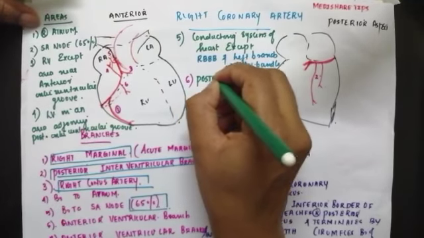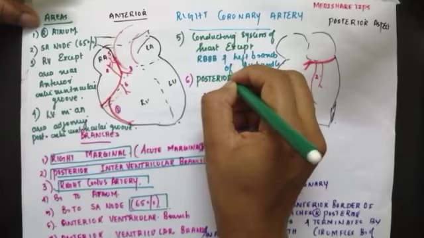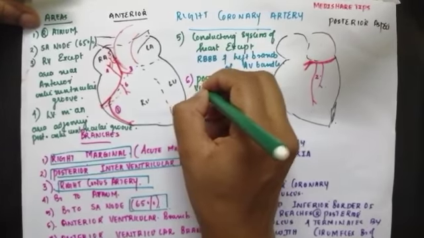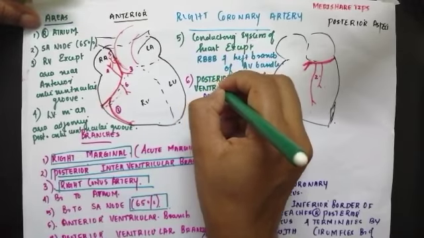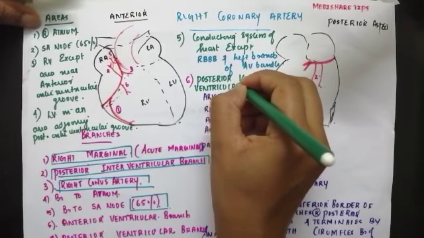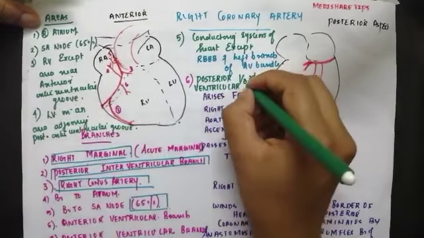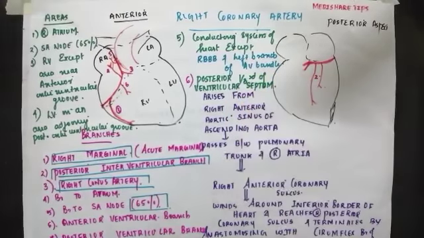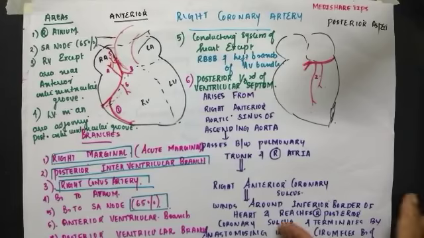Anterior two-thirds is supplied by the left coronary artery. Similarly, the posterior one-third of the ventricular septum is supplied by the right coronary artery.